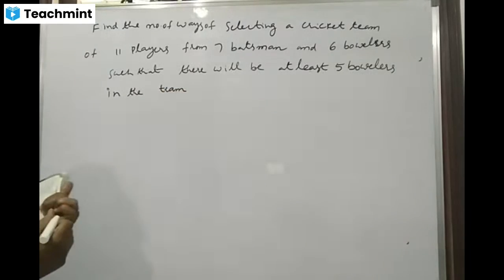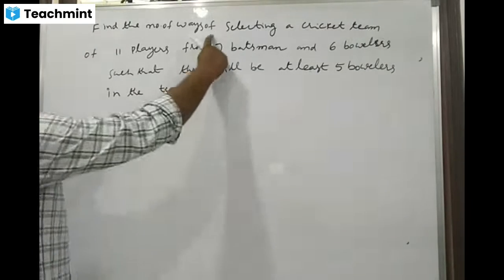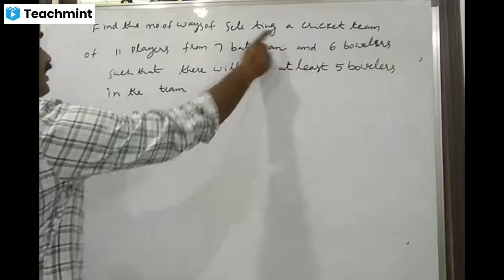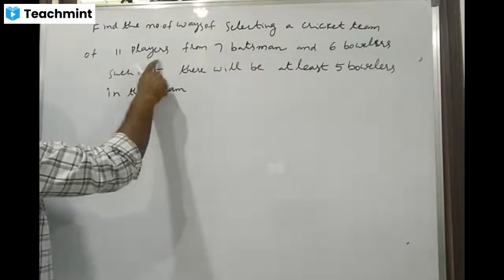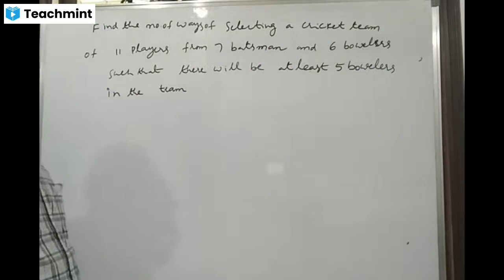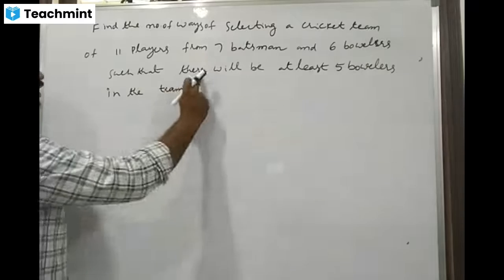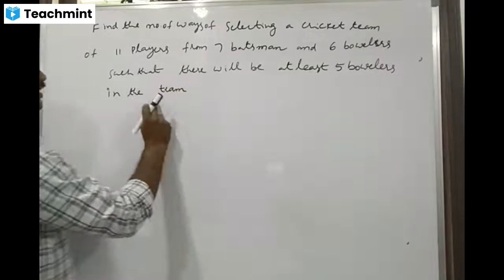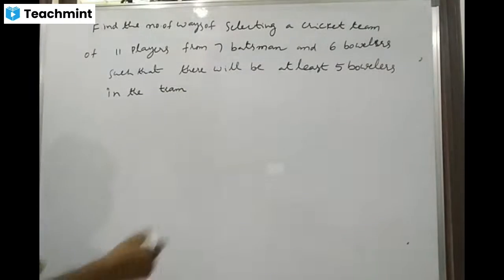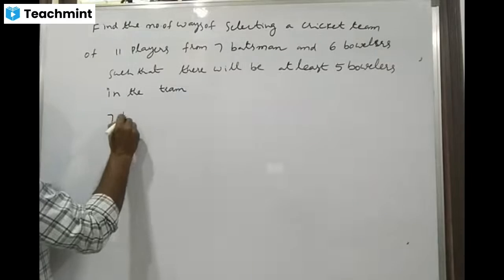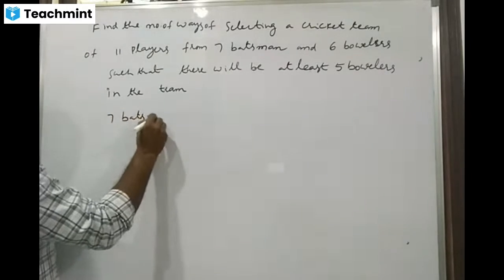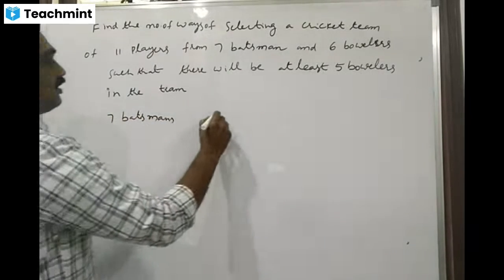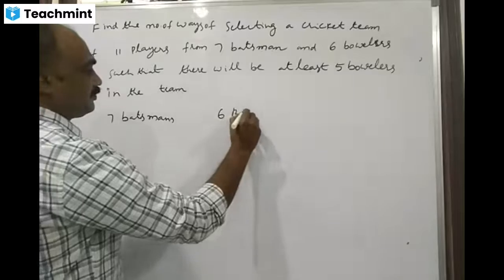Find the number of ways of selecting a cricket team of 11 players from 7 batsmen and 6 bowlers, such that there will be at least 5 bowlers in the team. So here 7 batsmen, here 6 bowlers.